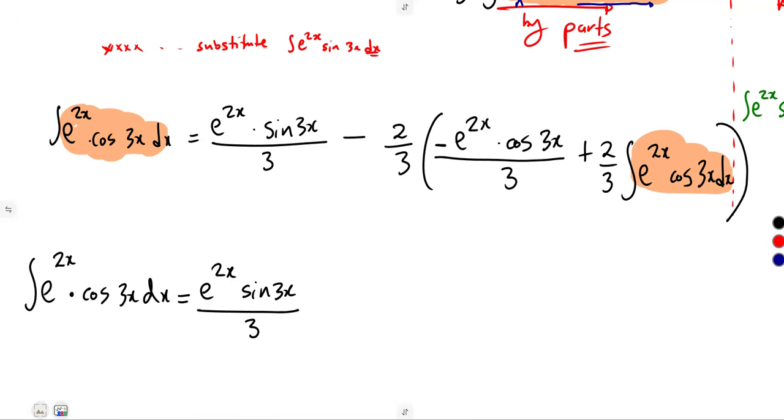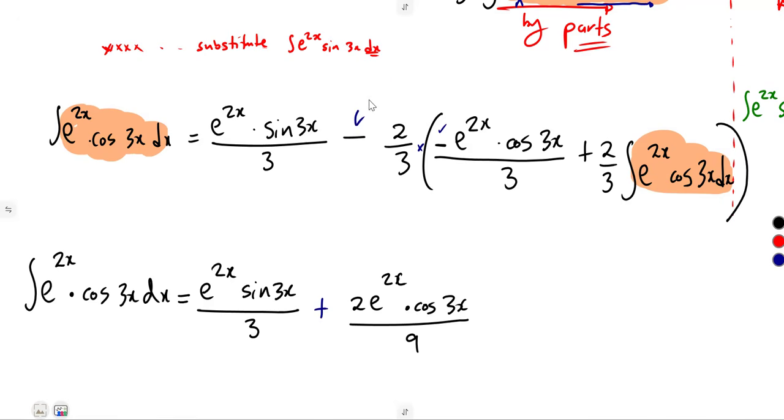So let's expand our brackets here. Since this is a product, negative times negative is going to give us a positive. Then we multiply the numerators together, so that's 2e to the exponent of 2x cos of 3x, and the denominators together, 3 times 3, that's 9.